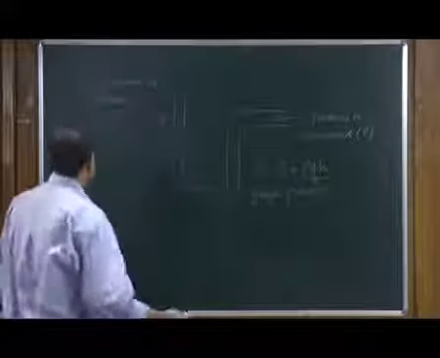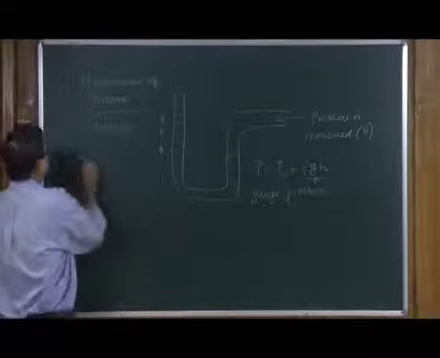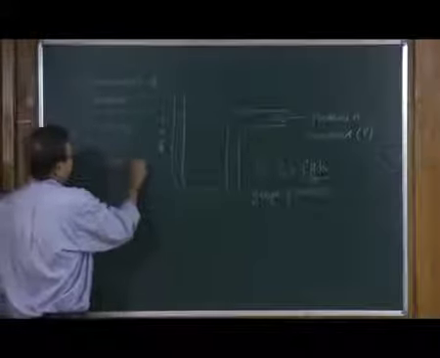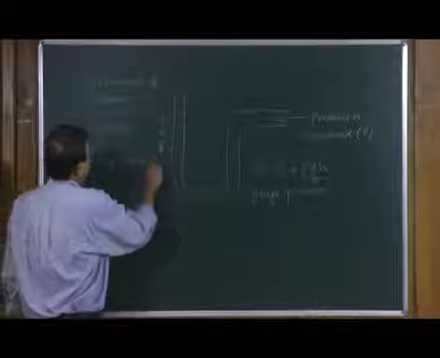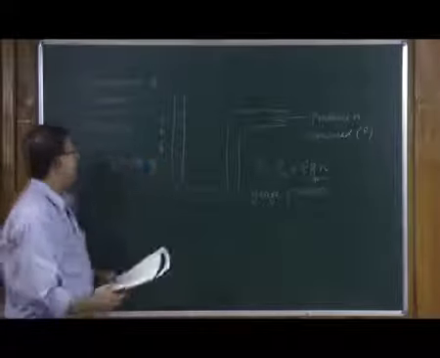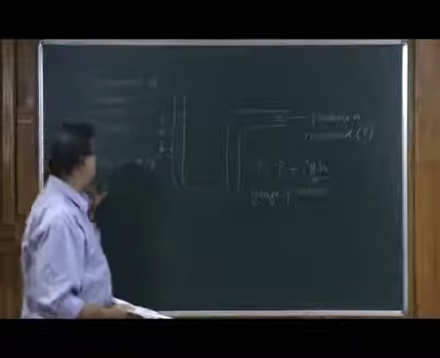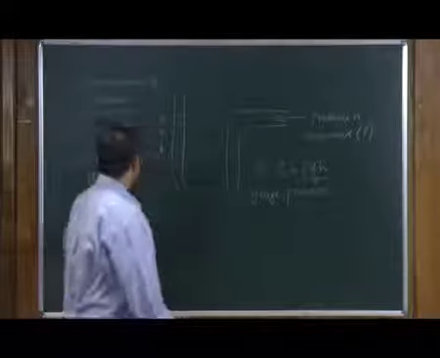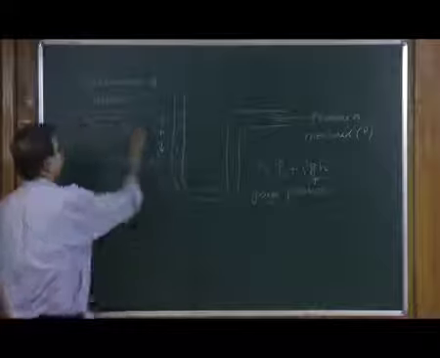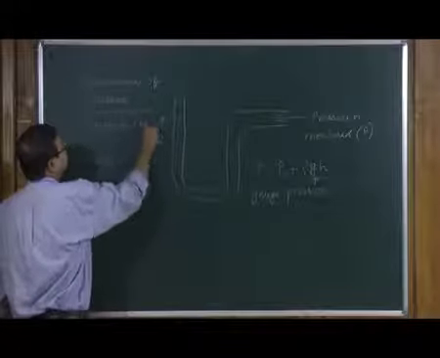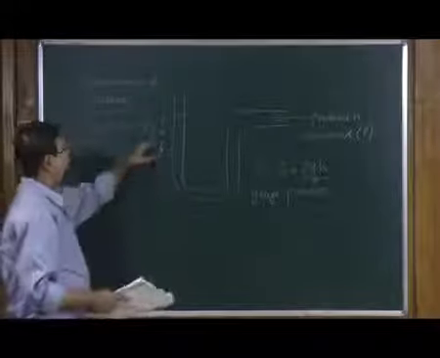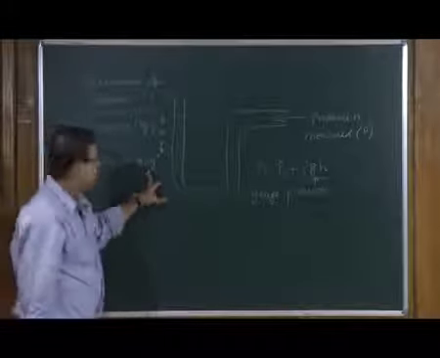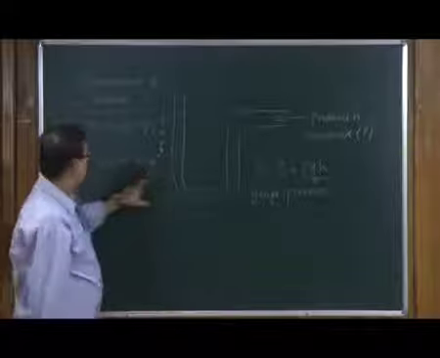So, when you say so many millimeter of mercury, we really mean that to get the exact pressure difference, you have to multiply the density of mercury. By the way, mercury is written with the symbol Hg. So, Hg is capital H small g, that is the symbol for mercury in the periodic table.